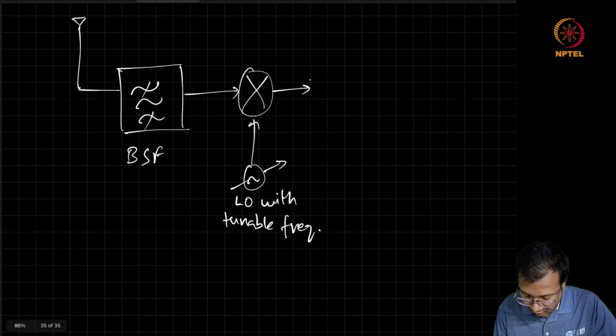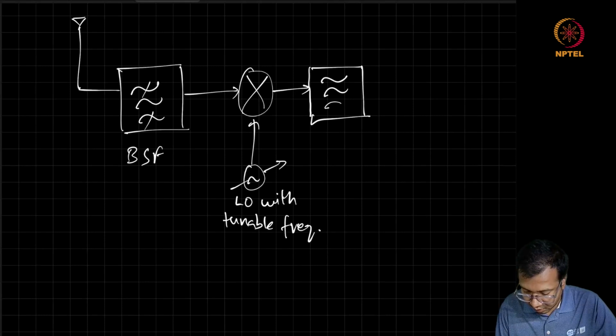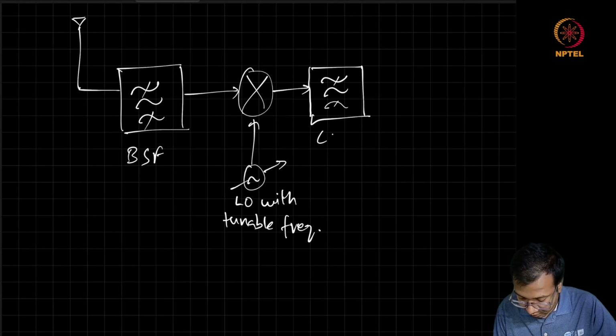This output is again passed through a filter. Right now we are showing it as a band pass filter, which is used for channel selection. This is a channel select filter.